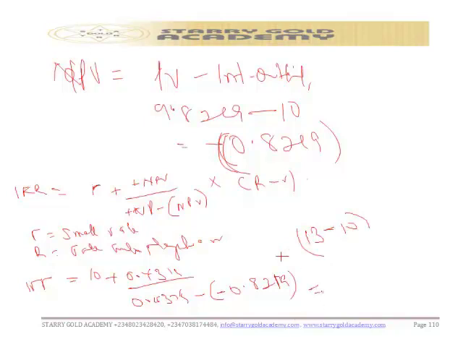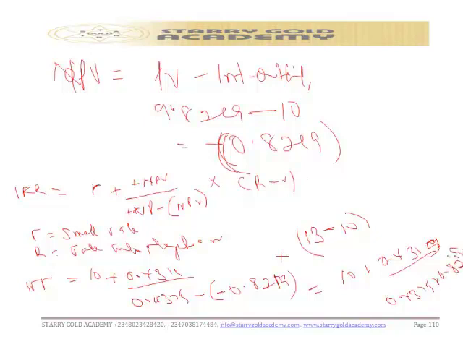So in this case, we have 10 plus 0.4315 over, this is negative, so it will now become 0.4315 plus 0.8219.